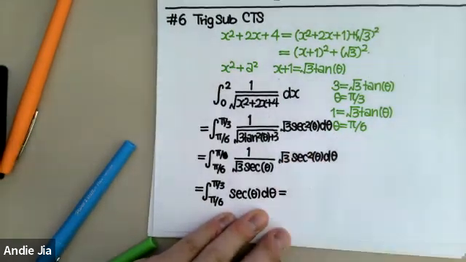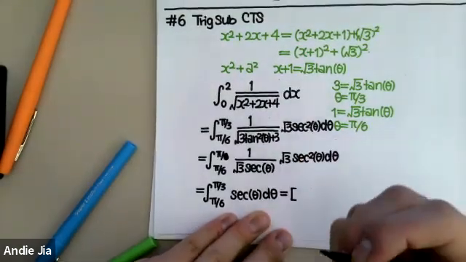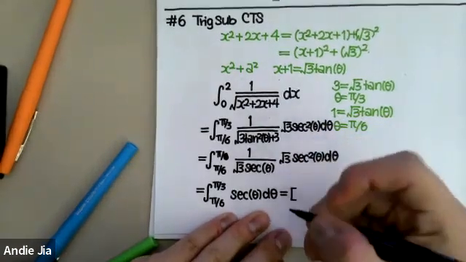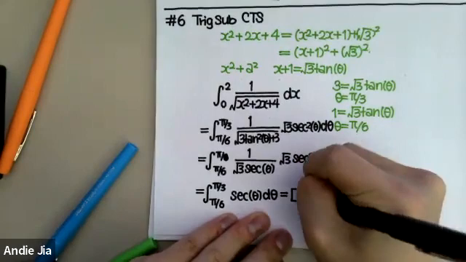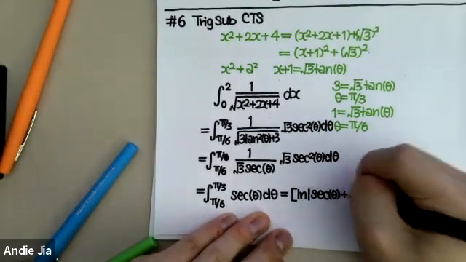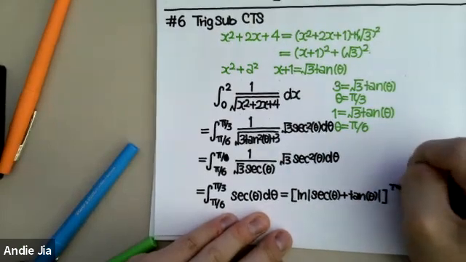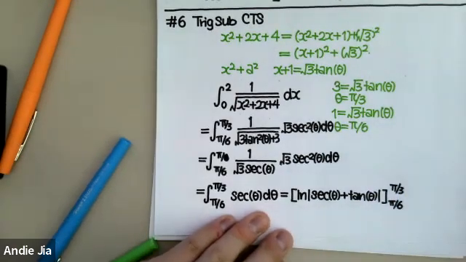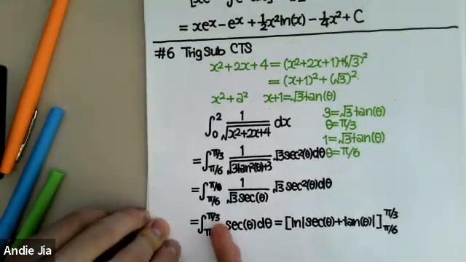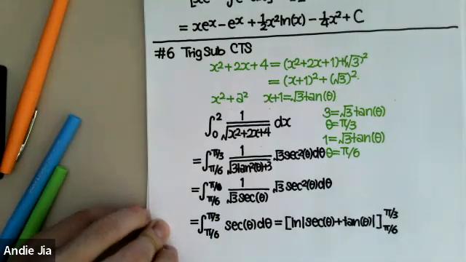I know it's kind of a nasty integral, but there's no way around it. So it's going to be a natural log of secant squared of theta plus tangent of theta, from pi over 6 to pi over 3. Then that's it. Just compute by plugging in pi over 3 and pi over 6, and that's the answer. That is all you need to do.